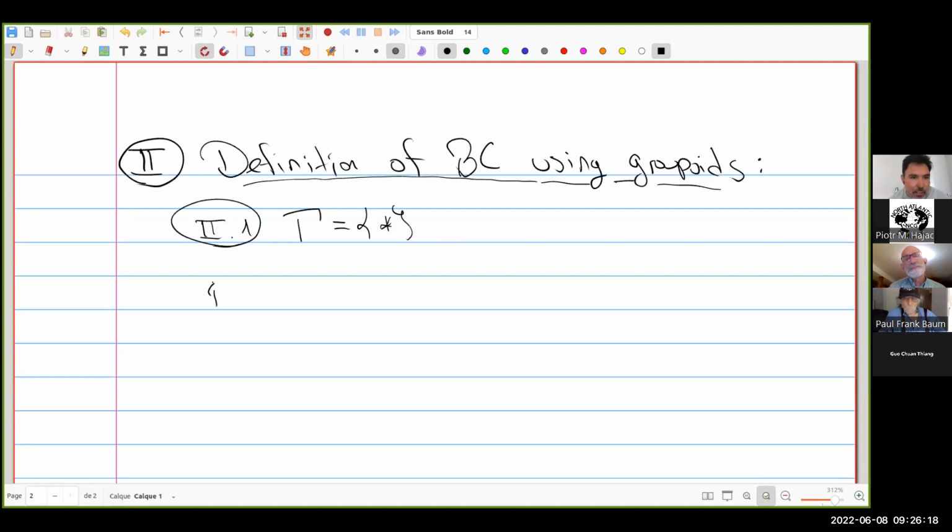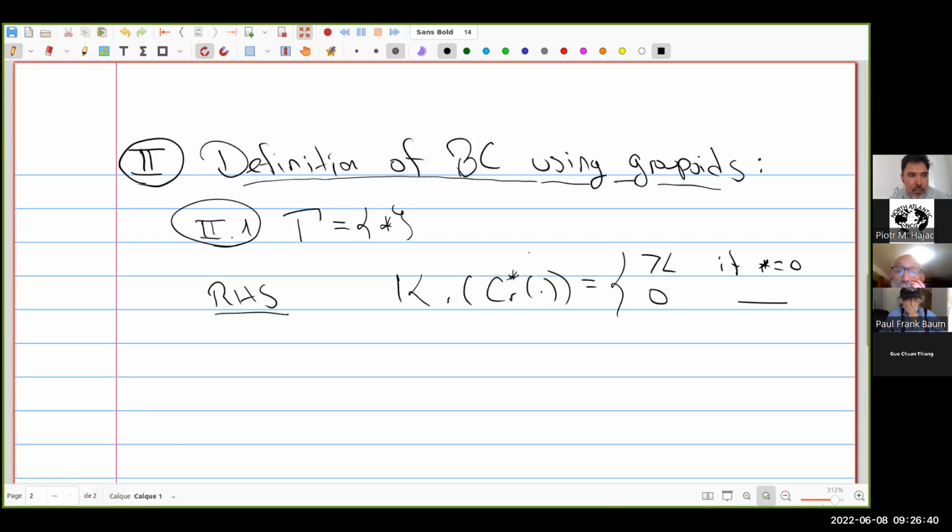In this case, the right-hand side, the K-theory of the C-star algebra of a point, is just the integers if you're in even degree, and 0 otherwise. This is mainly known by people in the audience: the K-theory group of the complex numbers, because this algebra is just the complex numbers in this case, is just the integers.